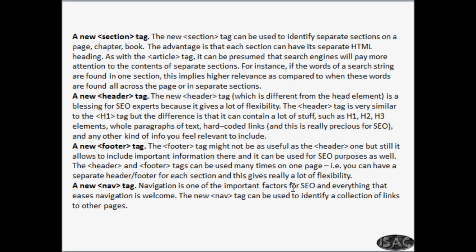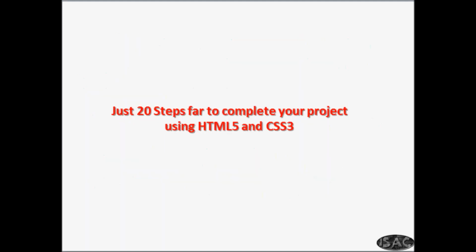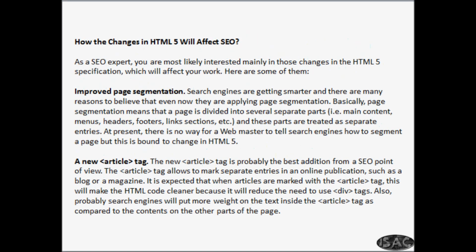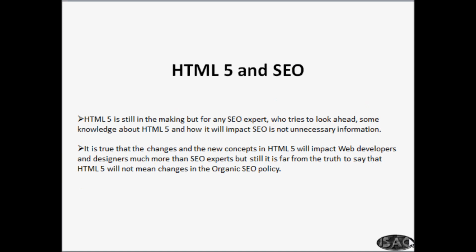Navigation is for the navigation bar or menu bar which we create. Footer is for footer details, header for header information, and sections. These tags are easily recognized by search engine optimization, right? If you use these tags, it is good for your applications.